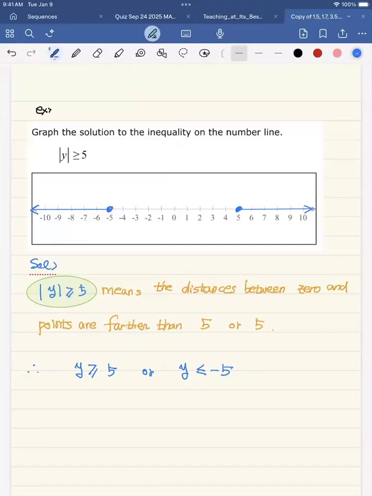In the next example, we have to graph the solution to the inequality on the number line. We have absolute value of y greater than or equal to 5. Absolute value is the distance from 0. This means the distance between 0 and the points is at least 5.